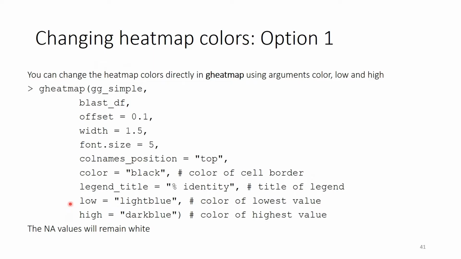By adding low, this specifies the color at the lowest value, so closer to the 80%. And high will specify the higher value, so 100% as dark blue. There is a color argument here, but that just refers to the cell borders. And all the NA values will remain white, and to my knowledge in gheatmap, you can't change that.